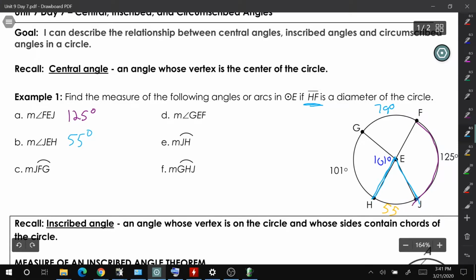And the measure of arc JFG is going to be this whole arc, so it's going to be 125 plus 79, or 204 degrees.